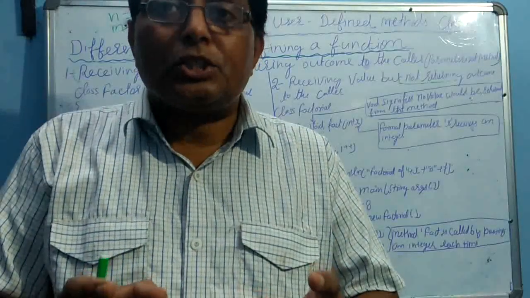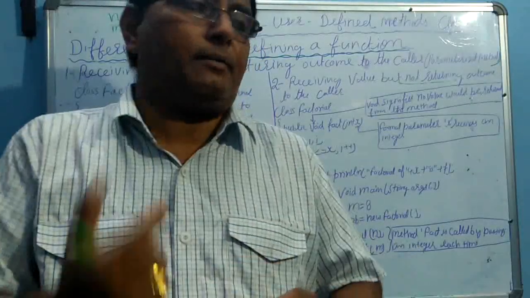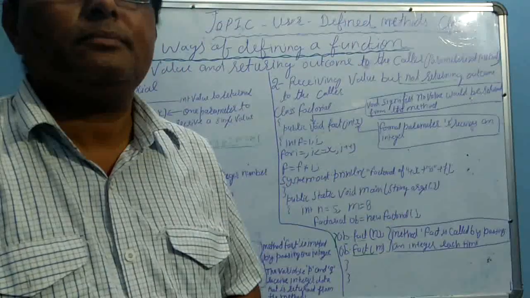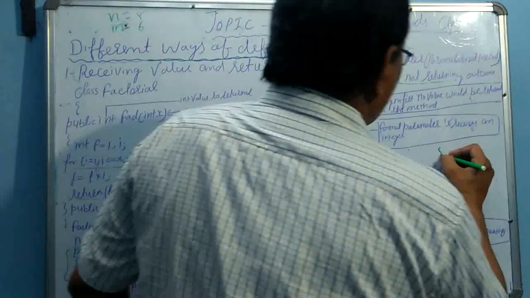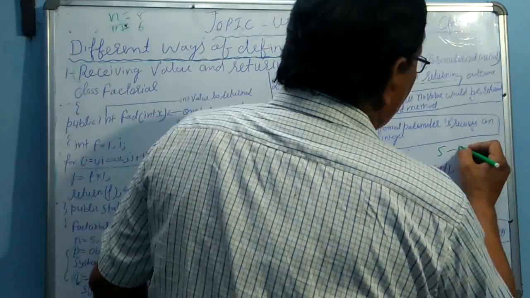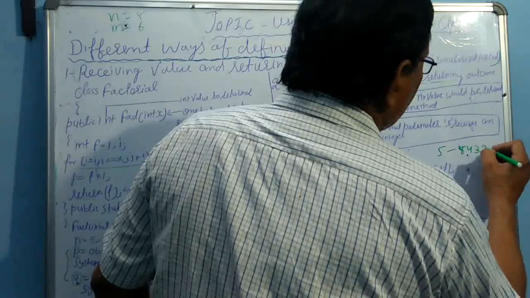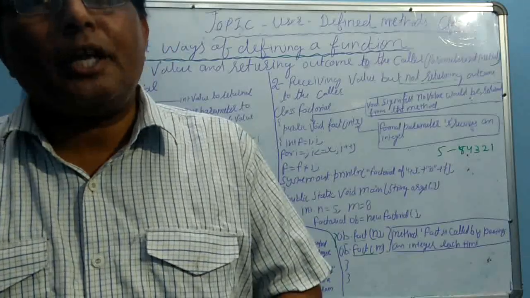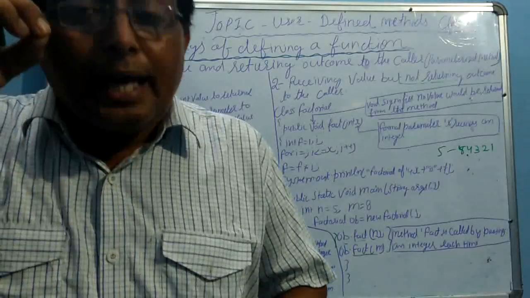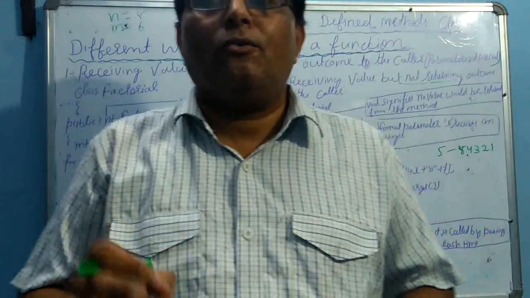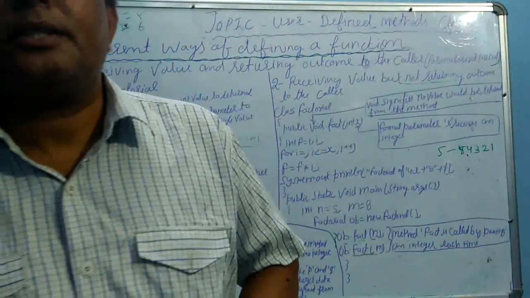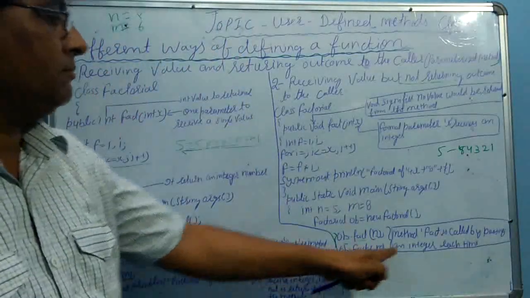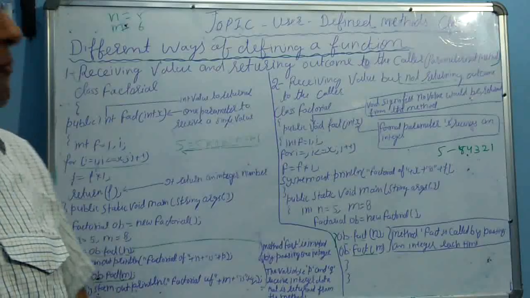In fact, the control will simply return. So it will simply go back, one by one, meaning factorial of 5, 4, 3, 2, 1 like this. It returns to the calling statement without carrying any value, because the printing of the factorial is already done in the function.